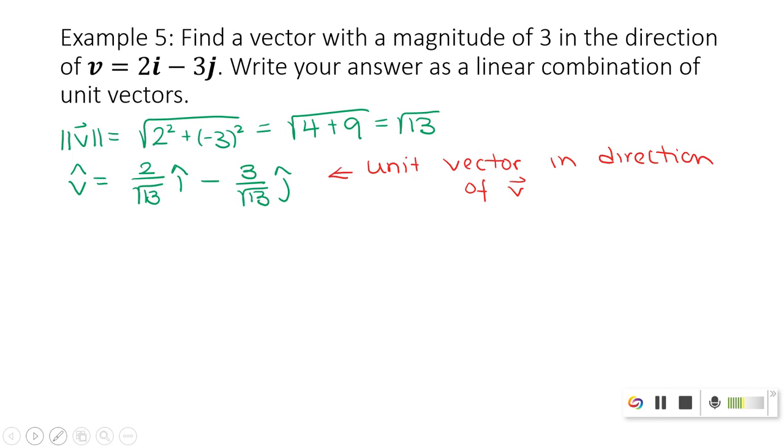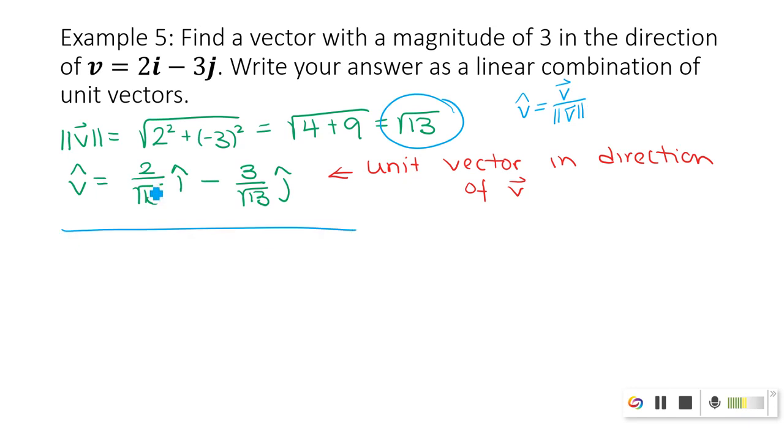And then we learned in the previous example that if I want to take vector v and write that as a unit vector, I just have to divide it by its magnitude. So I took vector v and I divided it by square root of 13. And that's how I got 2 divided by root 13 i minus 3 divided by root 13 j. So I divided both components by that magnitude. So that's a unit vector in the direction of vector v.